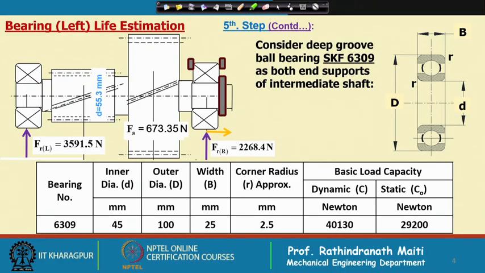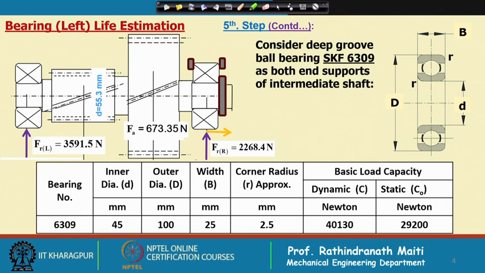Now, next, with this bearing, the basic load carrying capacity is given. The dynamic load carrying capacity is 40130 Newton, whereas static load carrying capacity is 29,200 Newton.